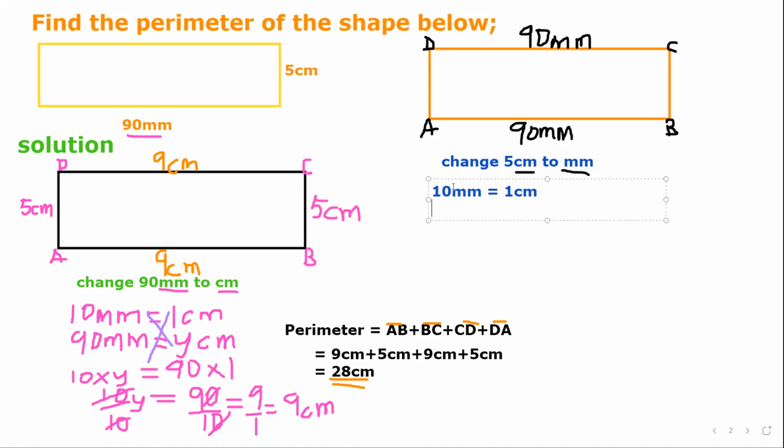Then because you are changing the 5 centimeters, you choose any letter to represent the millimeters. So let me choose the small a. a millimeters must be equal to the 5 centimeters.